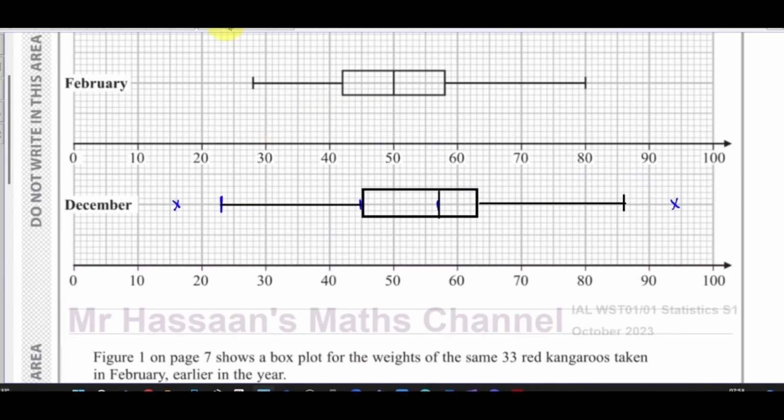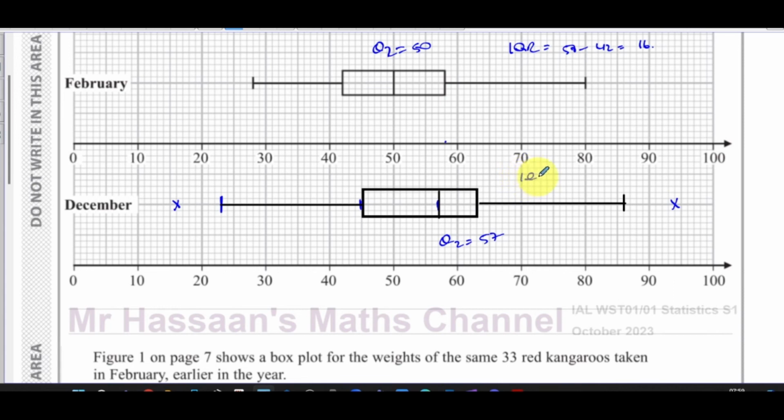For example, in February we can see that the median, Q2, was 50. And here we can say the median was 57, as we found before. And here the interquartile range is 58 minus 42, which is like 16.